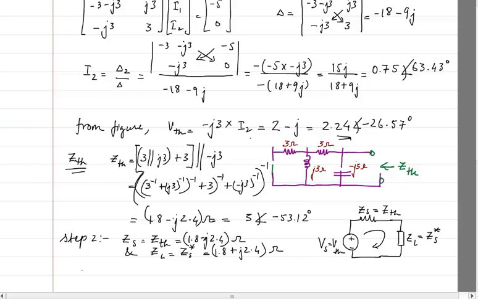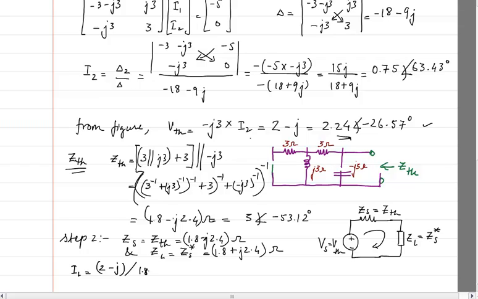Okay, so that same thing I will write here. I will write IL is going to be VTH. VTH we just now found out here that it is 2 minus j. Let me write it as 2 minus j; I'm not writing the polar form. Divided by ZTH and ZTH conjugate, correct?